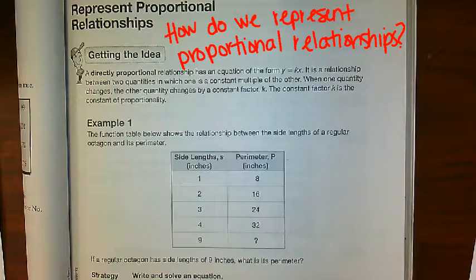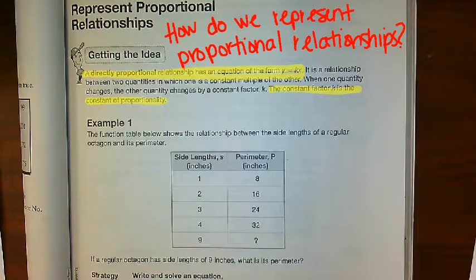All right, so if a relationship is what we call directly proportional, it has the equation of y equals kx. When we use the letter k, k stands for the constant of proportionality.